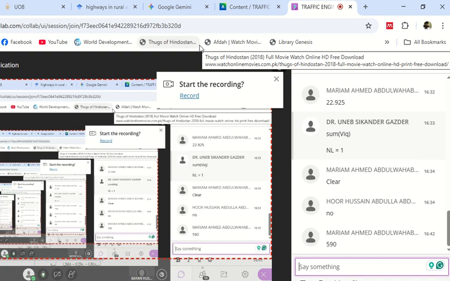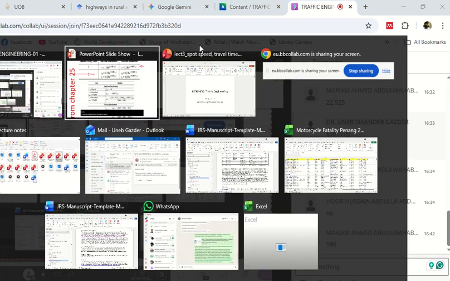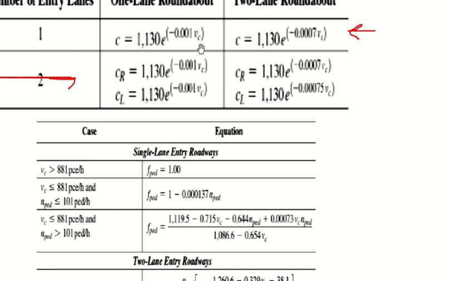So it's 1130, okay? This is a comma, this is not a point. And this is minus 0.001 into 650.